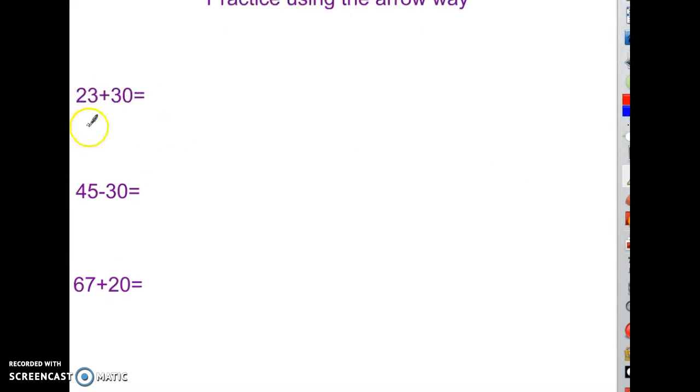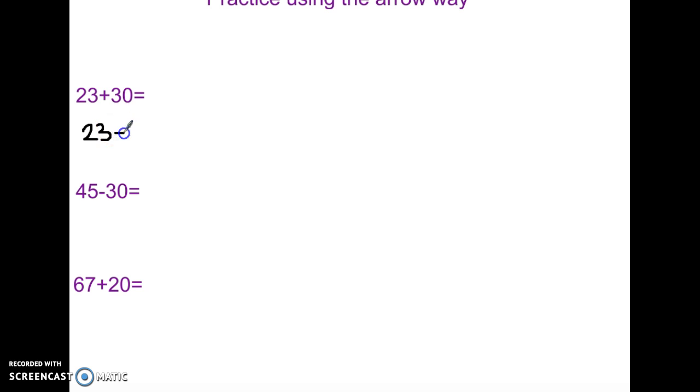Right, we're going to write 23. And we're going to look at this 30. How many tens are in 30? There's 3 tens. Exactly. So that's what we're going to need, 3 arrows. And we're going to need to write 10 on the top.